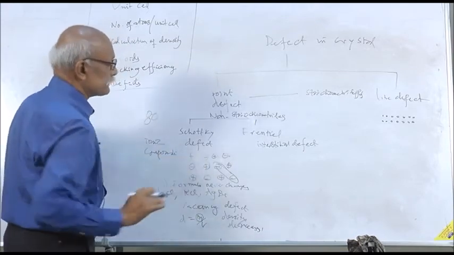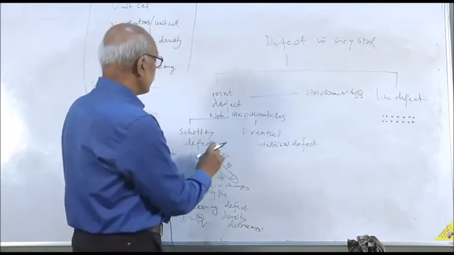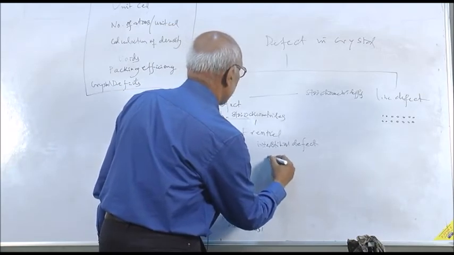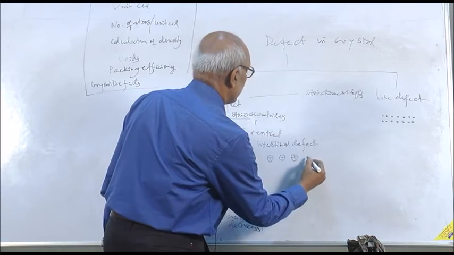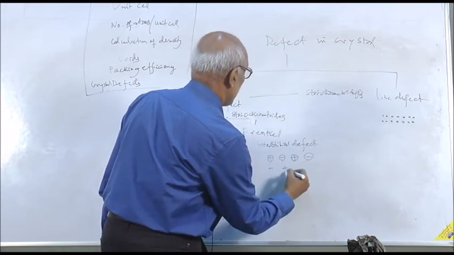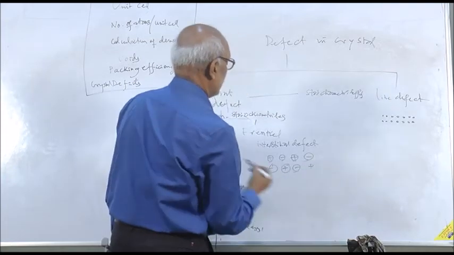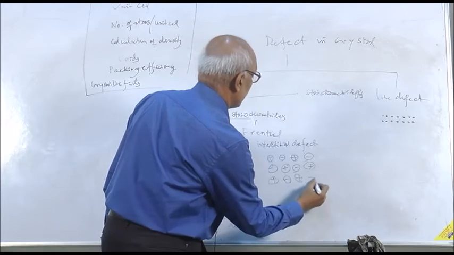So in the interstices, the ion will be there. That means suppose one point is lost, plus minus plus minus, minus plus, minus plus, then plus minus plus minus.